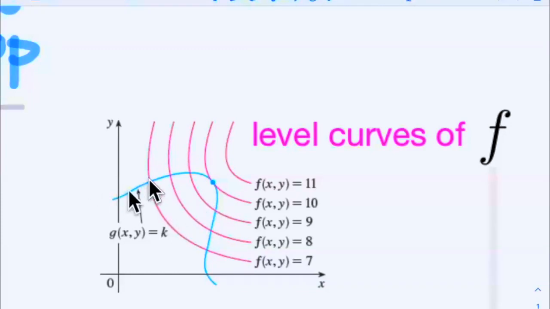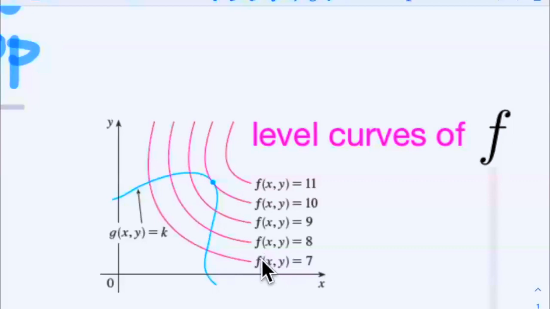So the blue one over here is the level curve for this g, when g equals k. And what happens over here is that if you try to maximize this function f and satisfy this constraint g equals k, what do you think the maximum value of f here is?